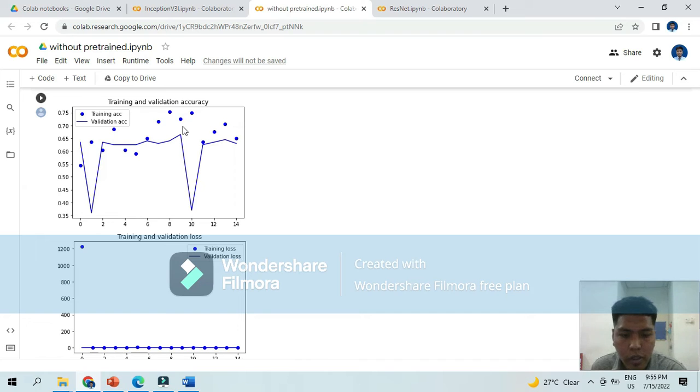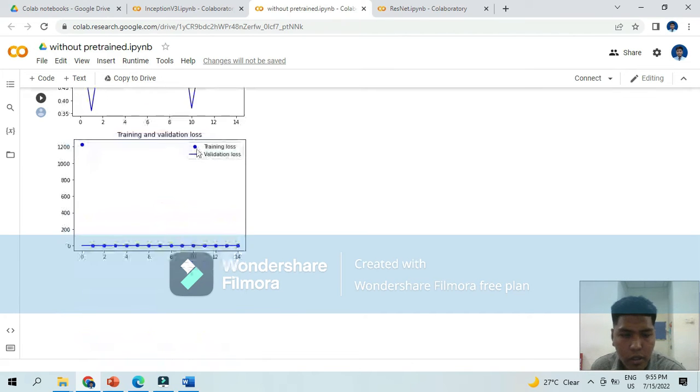It can be said the training accuracy is higher than the validation accuracy. For figure 2, the graph shows the training and validation loss output.